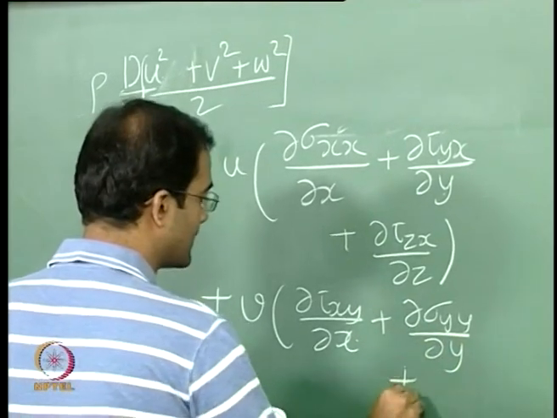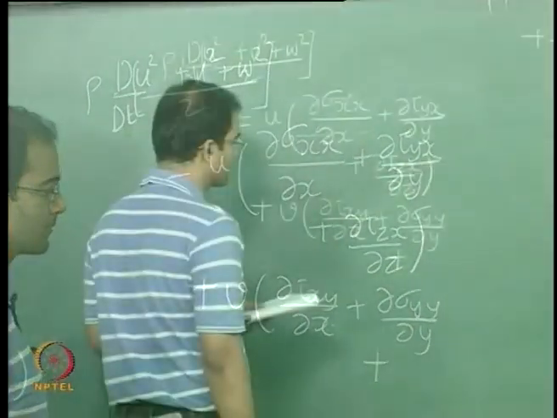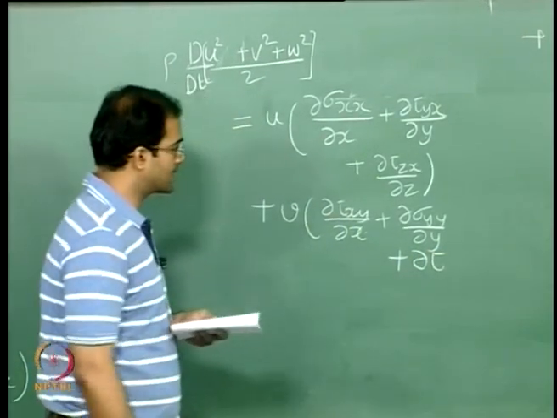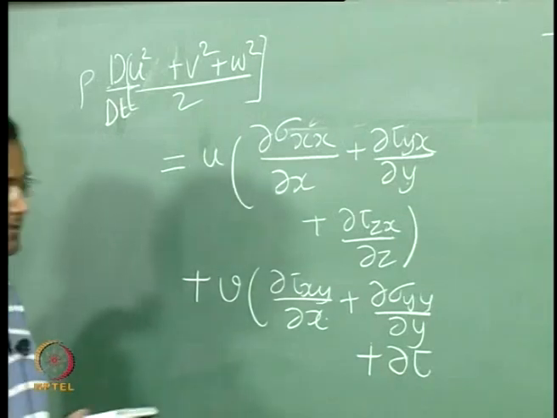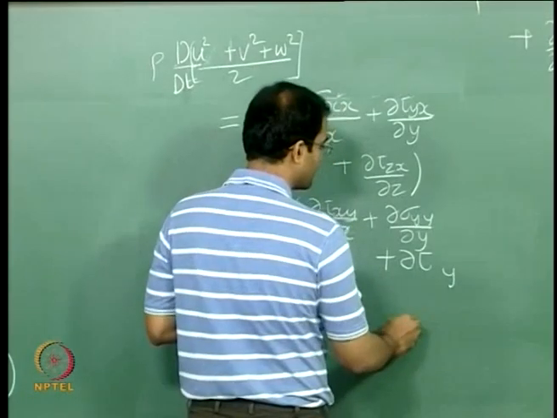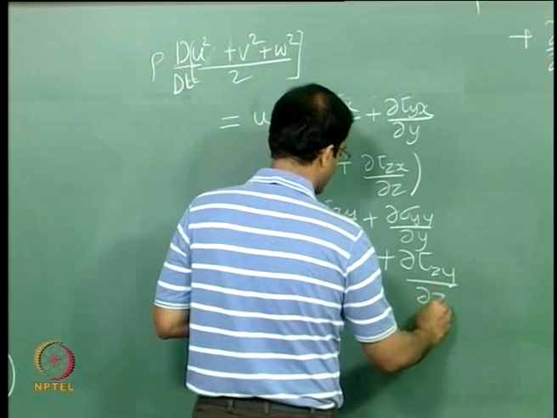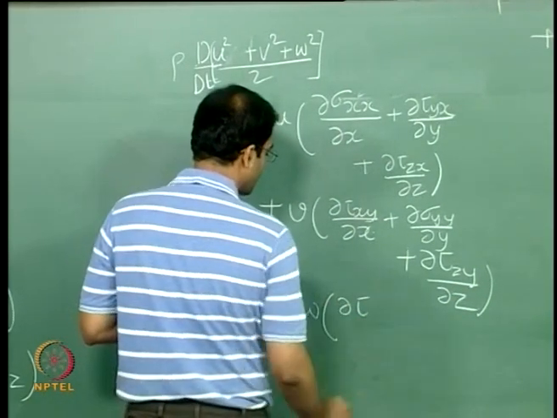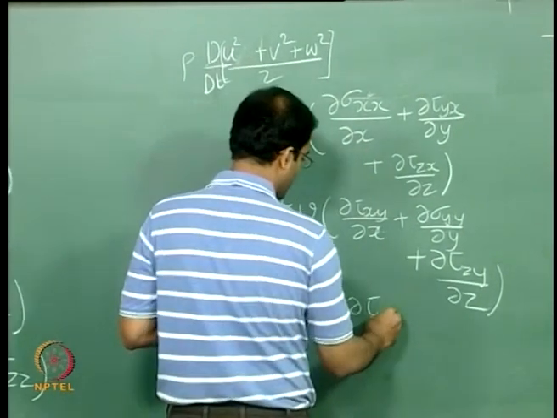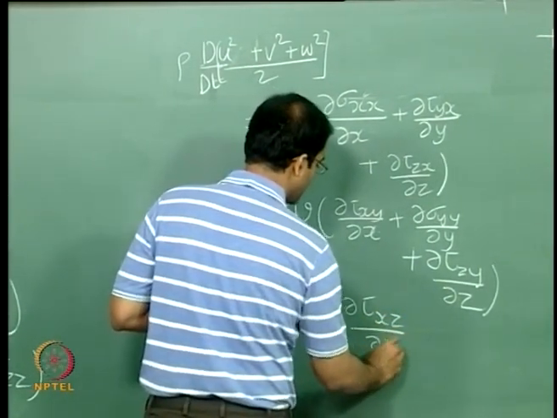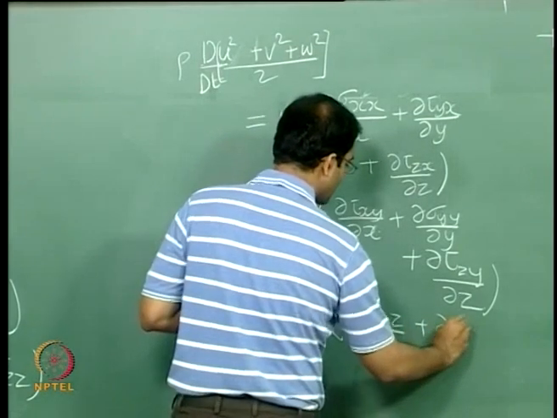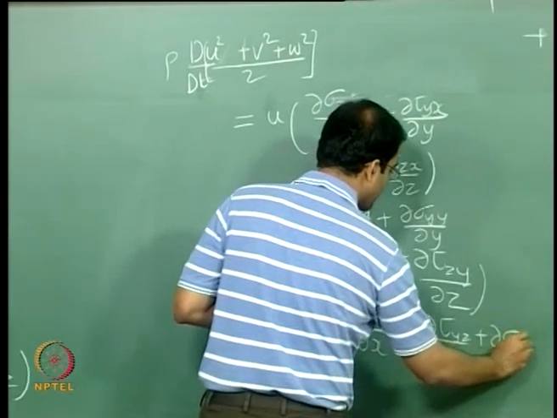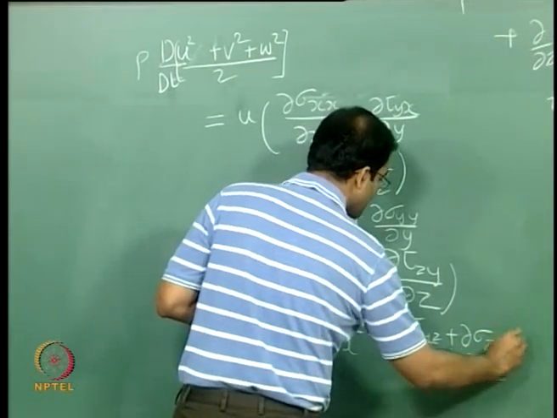What should be the third term? d tau zy, in which the derivative is in the z direction, plus you have w into d tau xz by dx plus d tau yz by dy plus d sigma zz by dz.